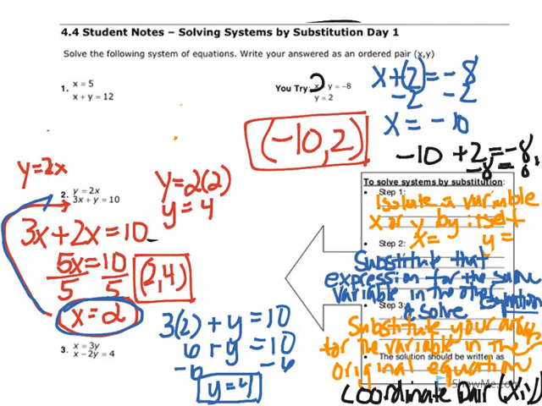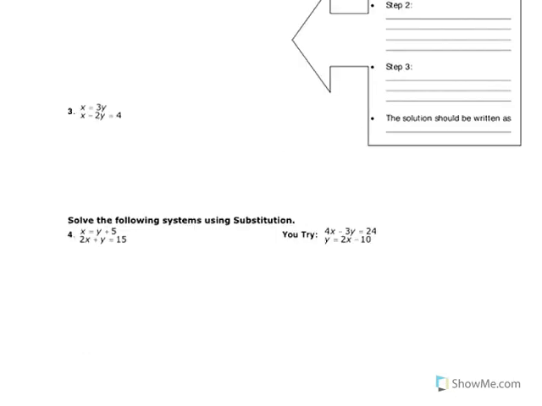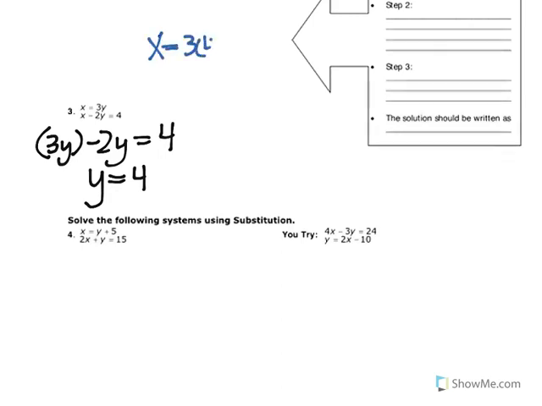Now, let's try number 3. Okay, so again, on this one, the equation already says x equals 3y. So since x equals 3y, we're going to plug in 3y: 3y minus 2y equals 4. What is 3y minus 2y? 1y equals 4. Now take that 4 and substitute it for y in either one of the other equations. So I can say x equals 3 times 4, which means x equals 12.